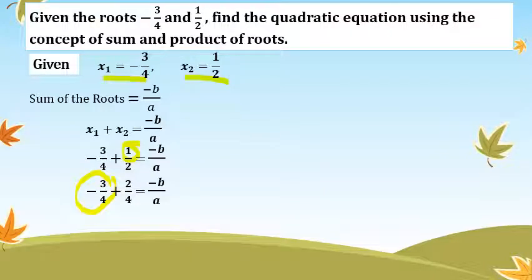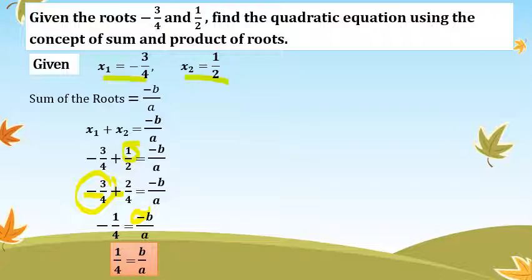So, i-add natin, since magkaiba ang sign, negative and positive, magsusubtract tayo. Ang isusubtract lang ay ang numerator, ikakopy ang denominator. So, ang sagot ay negative 1/4 equals negative b over a. So, kailangan mawala ang negative sa negative b over a.